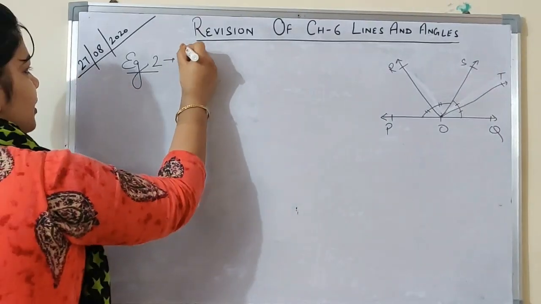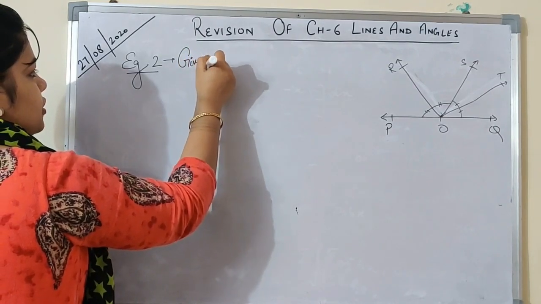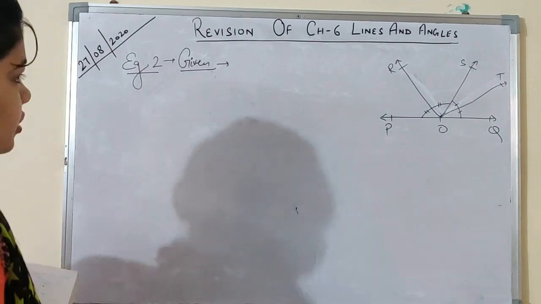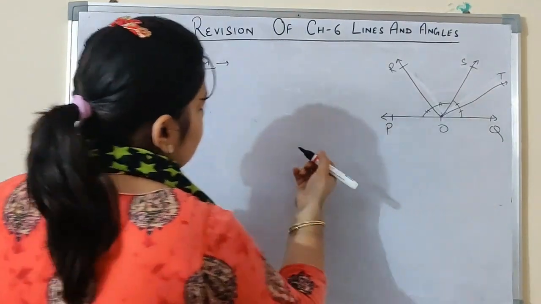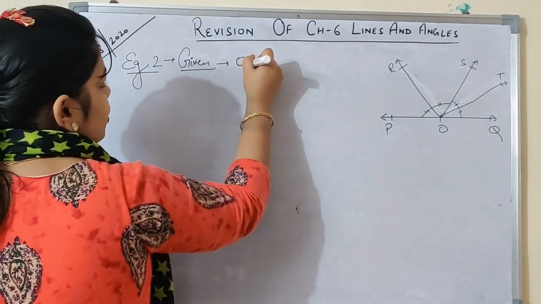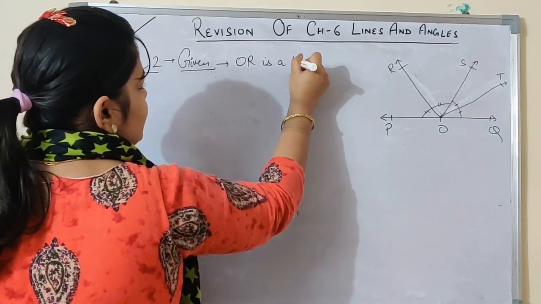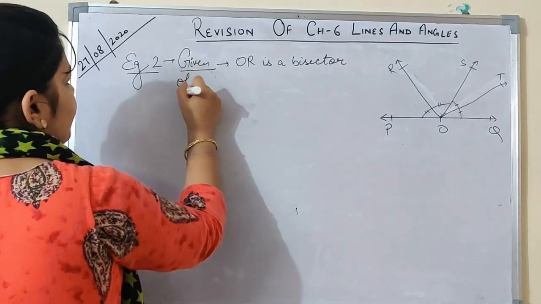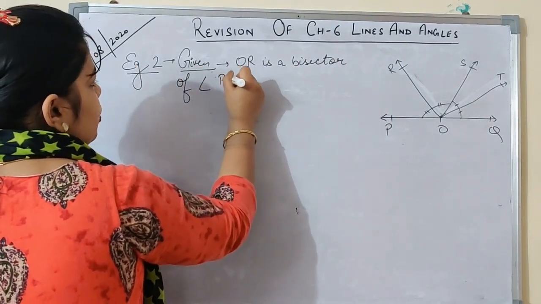Now here, first of all, I am writing what is given to us. Given is that OR is a bisector of angle POS.